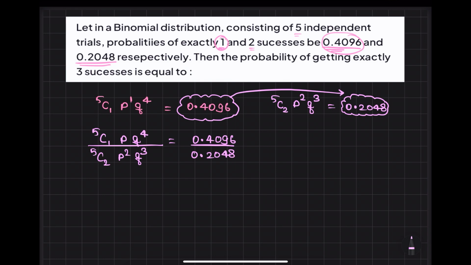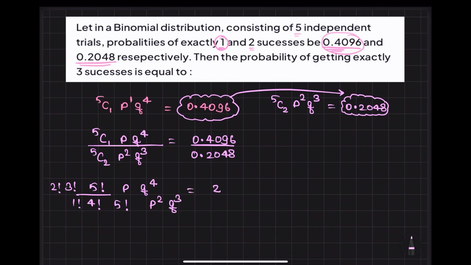Try to understand. I will be writing certain numbers. I can write 5 factorial by 1 factorial and then 4 factorial. We have p, we have q power 4. Now I will be writing 5C2. So we have 5 factorial, then 2 factorial, then 3 factorial, and then p square q cube, and it is 2.